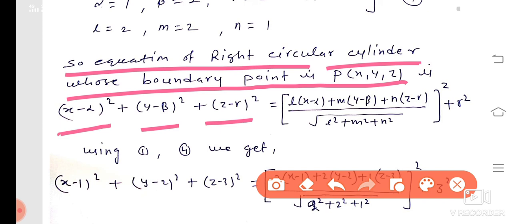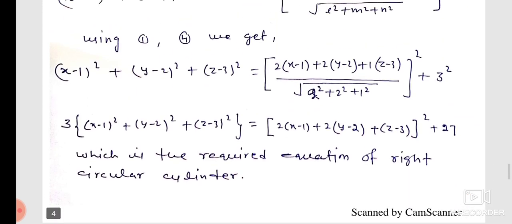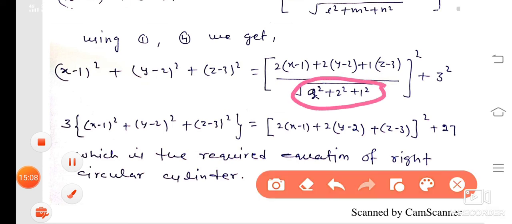Just use the values of R, L, M, N and alpha, beta, gamma from equations number 1 and 4 and we will get the required equation of the right circular cylinder. This will be root 9, that is 3, and the square of 3 will be 9.